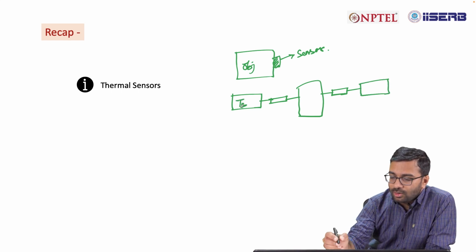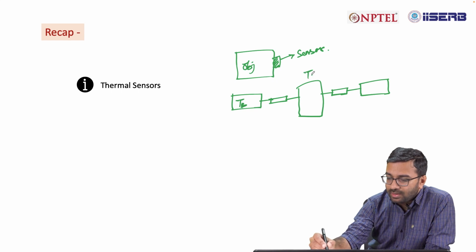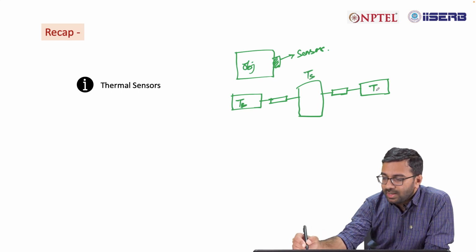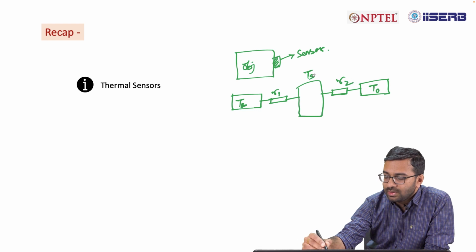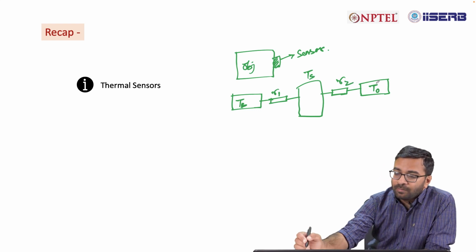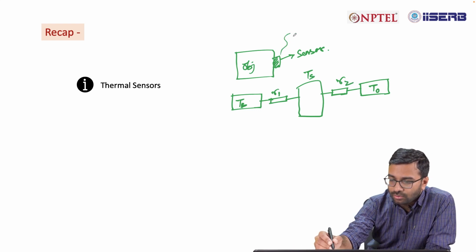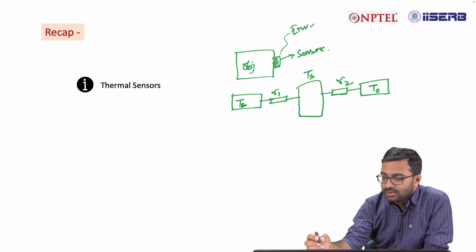This is the object temperature, then we have taken the sensor temperature, and the environmental temperature. This is the resistance between sensor and object, this is the resistance between sensor and the environment, because this sensor is also connected to the environment, so we have taken that also into consideration.